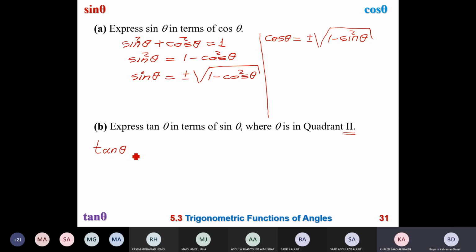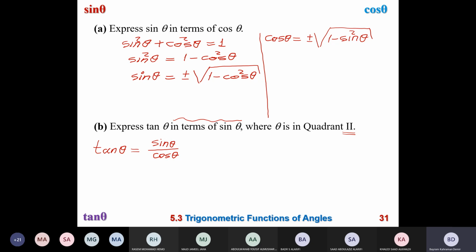Tangent of theta is sine over cosine, sine theta over cosine theta. But he says in terms of sine theta, so that means you need to have only the sine function, not any other function.